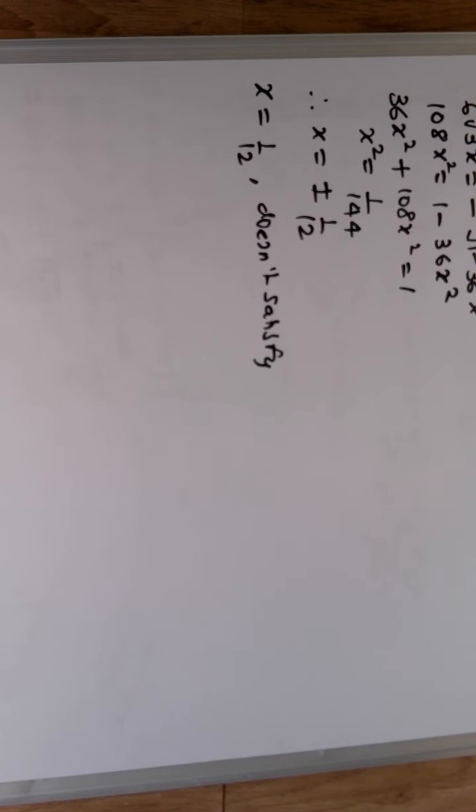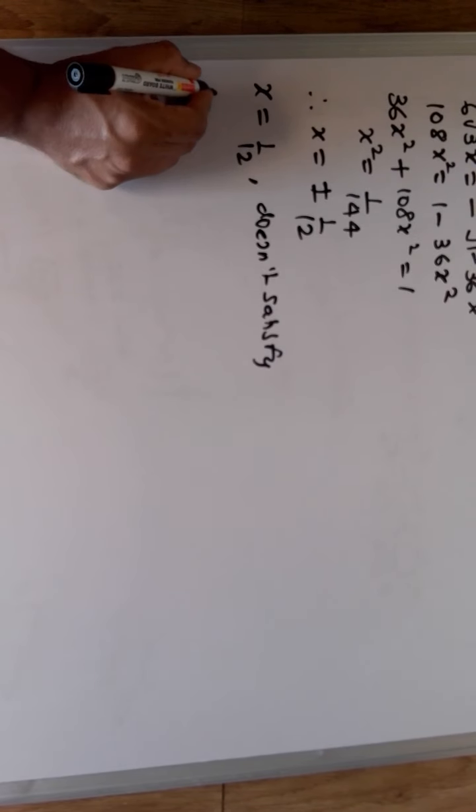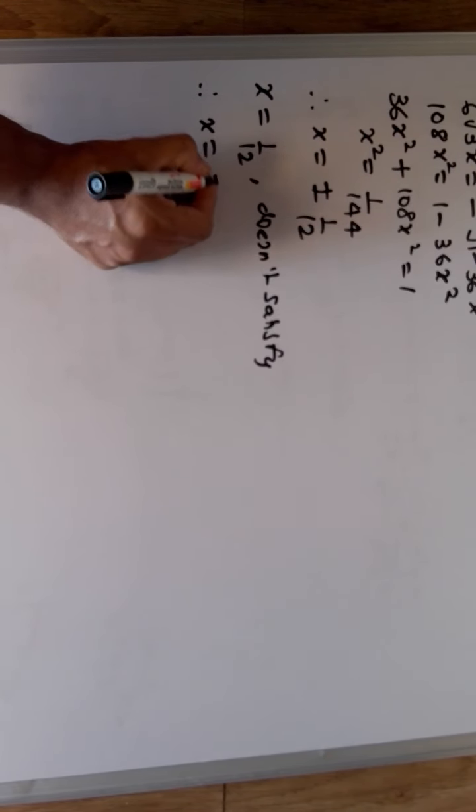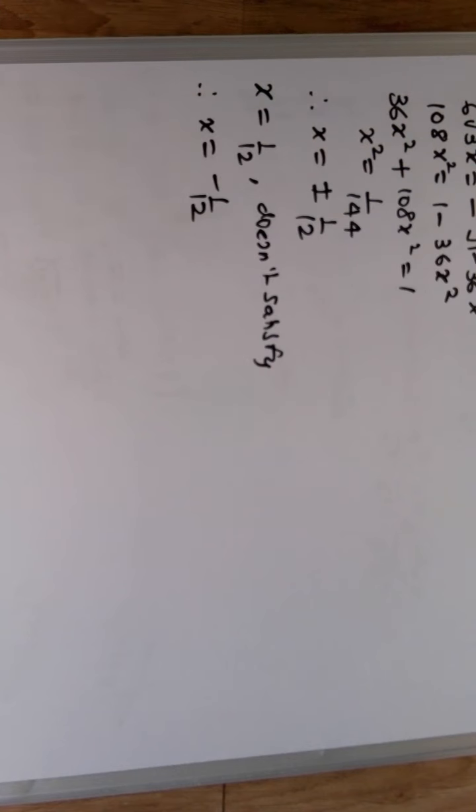So obviously x is equal to minus 1 by 12 will satisfy. Therefore, the value of x will be equal to minus 1 by 12. You can cross-check also, you can put it in that and you will see that it is satisfying. I was not knowing, so I just put one value and checked it. So obviously the second value is going to satisfy.